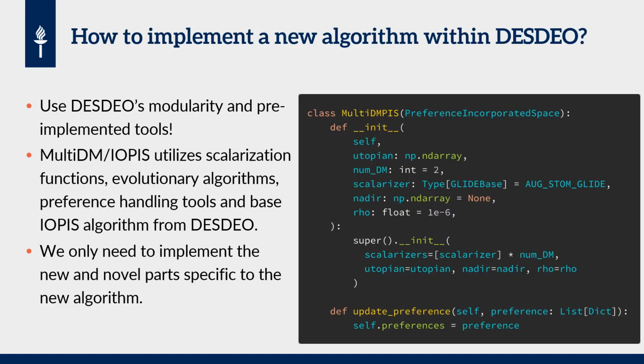But for now, what I want to point out is it's actually pretty easy to implement new algorithms. If your algorithm has things like common properties with some other algorithm, there are chances that those parts are already in DESDEO. Just take those parts and use them rather than trying to reinvent the wheel.